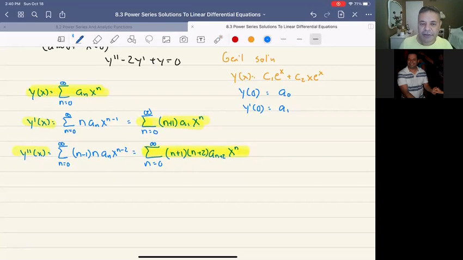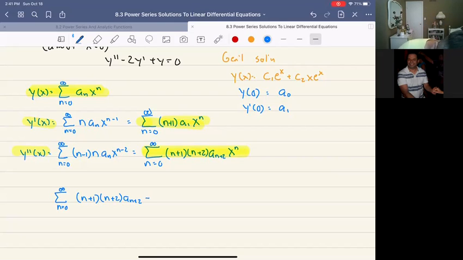So the differential equation is going to be the sum, n goes from 0 to infinity. Y double prime is this: n plus 1, n plus 2, a sub n plus 2. Now, I'm not going to keep the x to the n because I'm going to put that on the end.